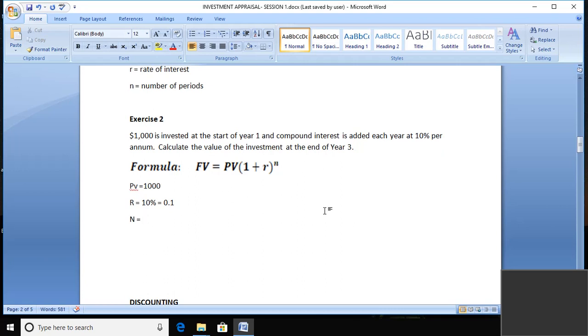So we are looking for the total sum. N is 3 years, that's what we are told. So what's the total sum that will be in this account or investment at the end of 3 years?